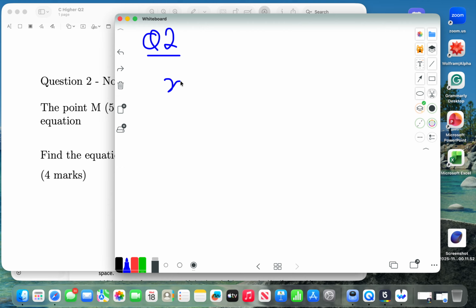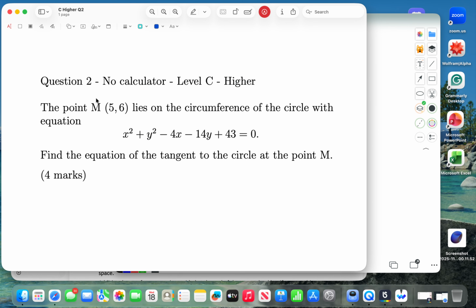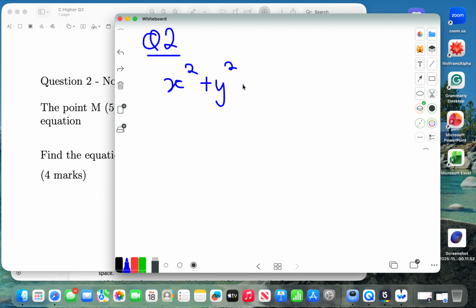But the first thing you want to think is, what's the centre of the circle? And if we copy out the equation, x squared plus y squared minus 4x minus 14y plus 43 equals 0.